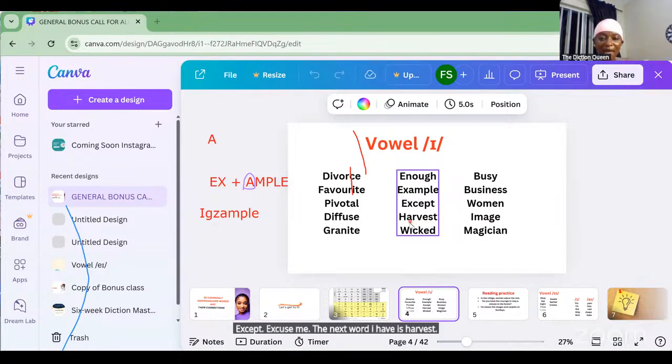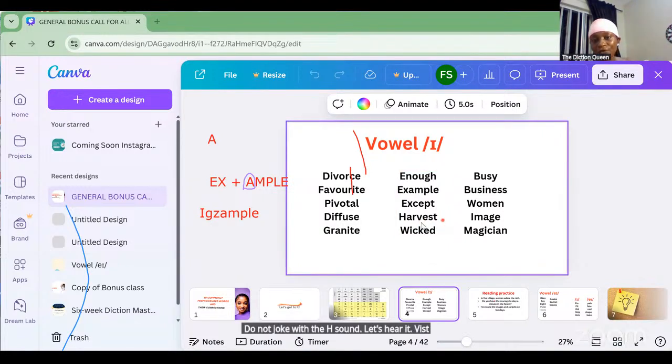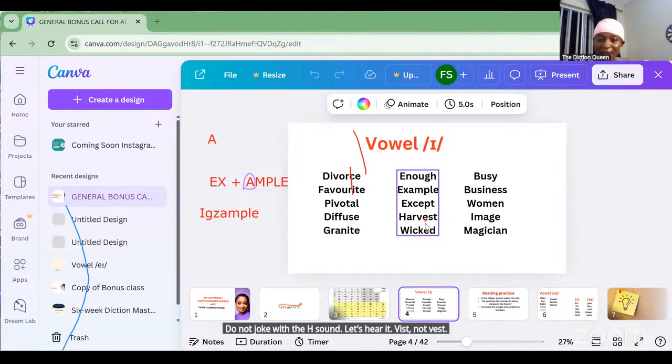Excuse me. The next word I have is harvest. The A and the R here has a long vowel. Ha. The H here must be heard. Do not joke with the H sound. Let's hear it. Harvest, not vest. The letter E here makes the A sound. Harvest. Wicked.